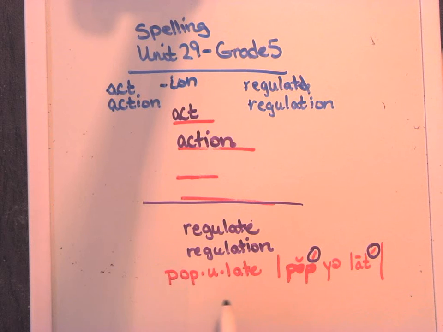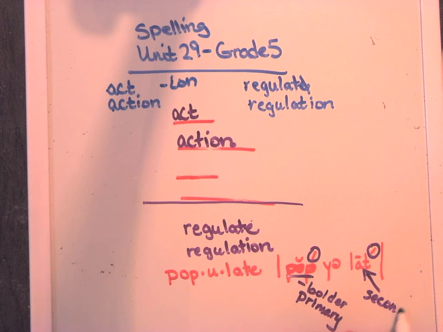In populate, the primary stressed syllable is in that bolder text. Out of these two, this one's darker than that one, so this one's going to be primary. And this syllable here is going to be secondary. Primary is the dark bold, secondary has the accent mark but is not that bold.